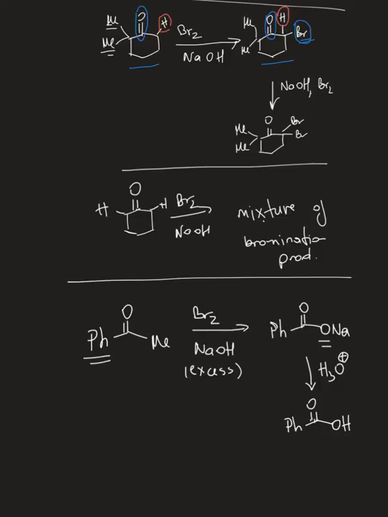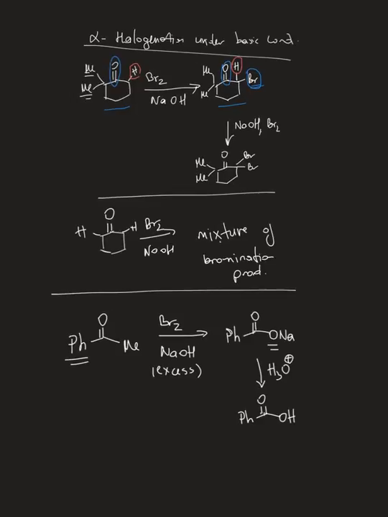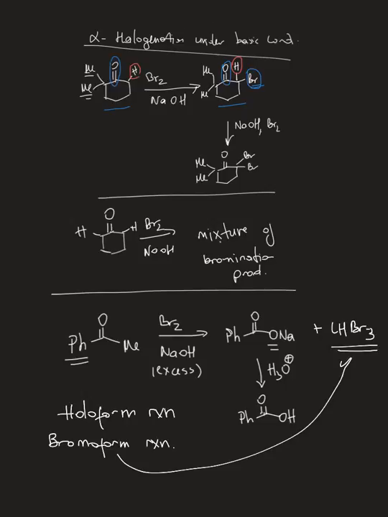We call this a haloform reaction, and in case when you're using bromine, this will be a bromoform reaction, because the side product in this reaction is this, which is the bromoform, right?